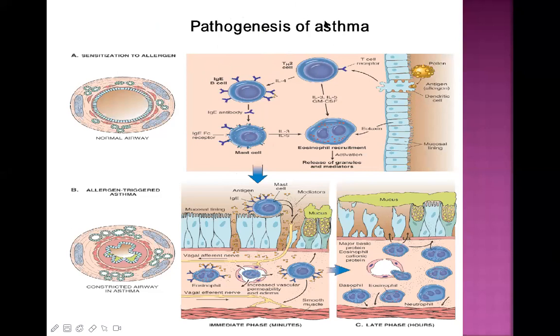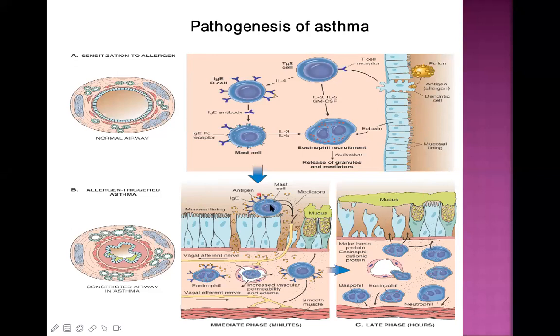Now then after that, what happens? For a hypersensitivity reaction to occur, we need a second exposure. Now for example, the second exposure has occurred. After the second exposure, there will be cross-linking between this IgE antibody, and after cross-linking occurs, the mast cells will degranulate.